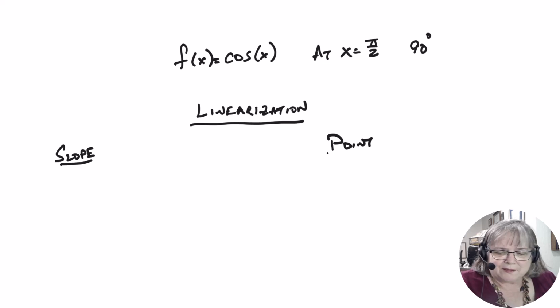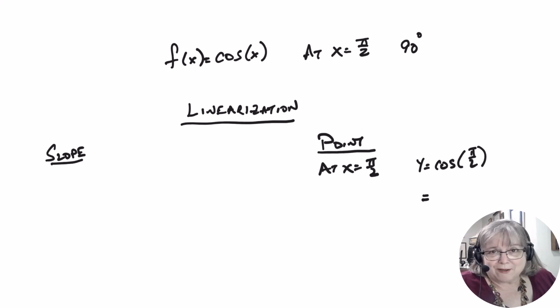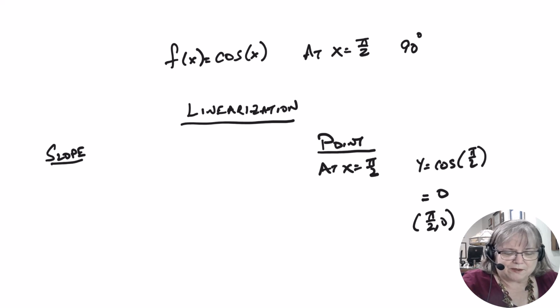So the point is at x is equal to pi over 2, y is equal to cosine of pi over 2. And hopefully you know what that answer is without having to go look at your calculator or at a unit circle, draw the whole thing. So hopefully you're comfortable with this. And this turns out to be 0. So your point is pi over 2, 0. Remember that goes into the original equation.